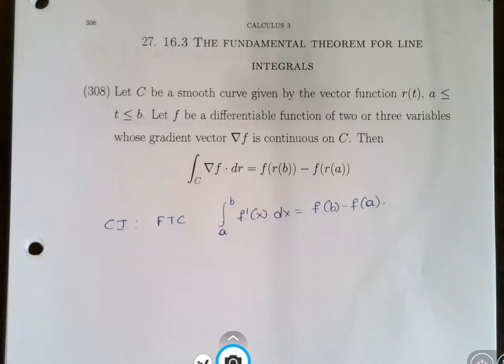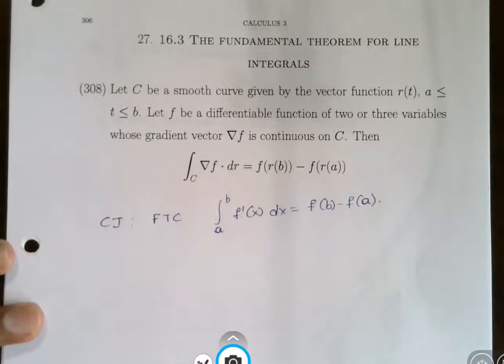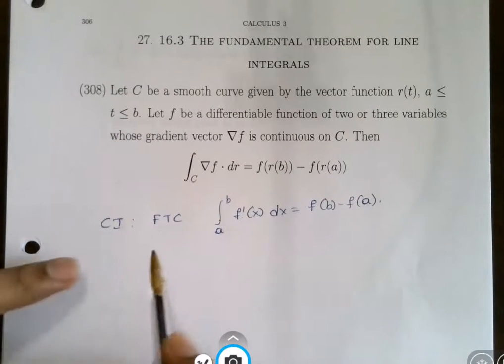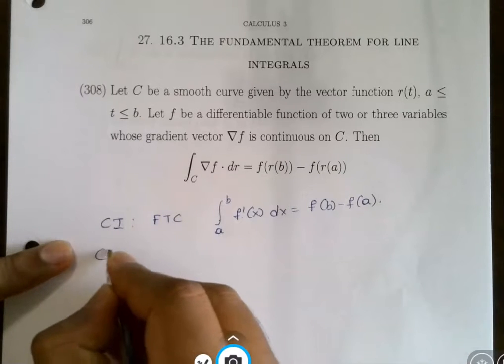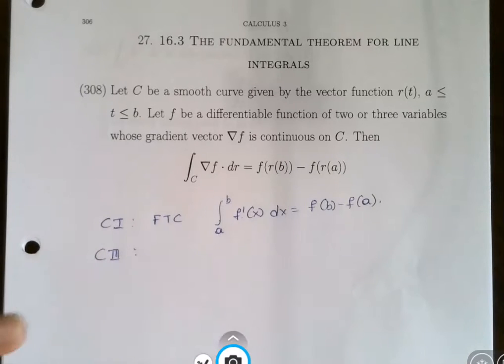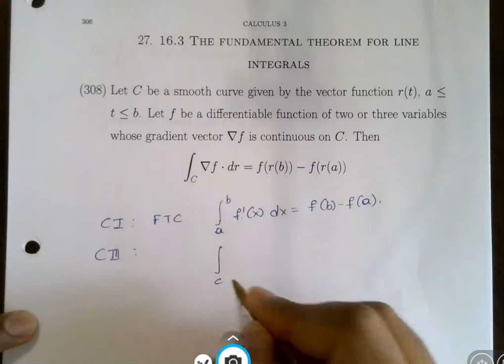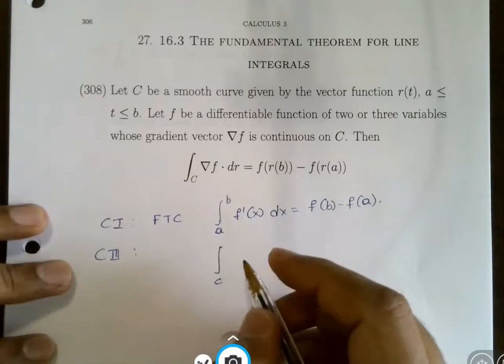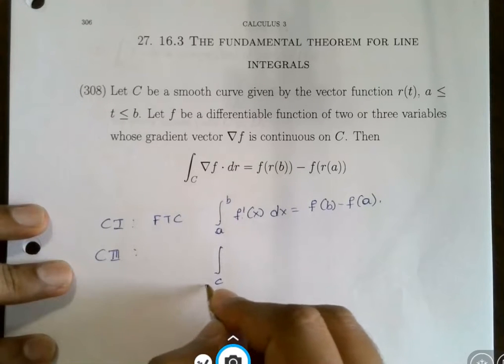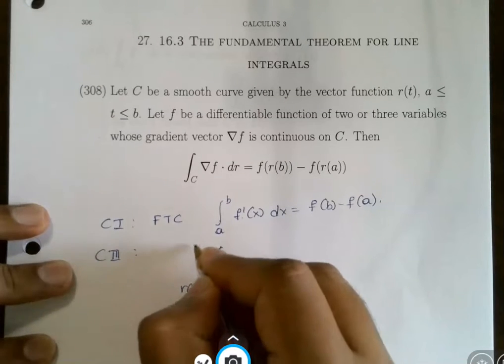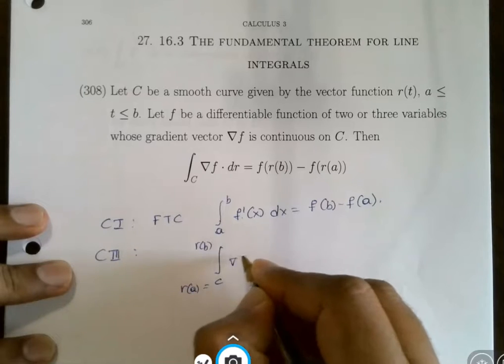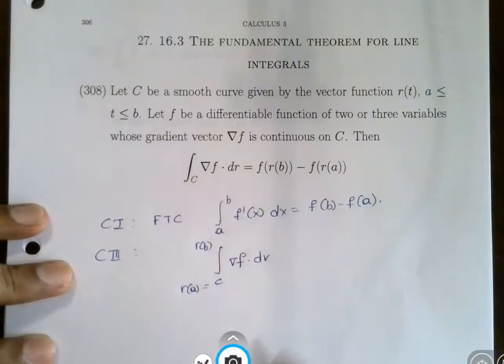So 16.3 is on the fundamental theorem for line integrals. In other words, it is very parallel to the Calculus 1 fundamental theorem. In Calculus 3, remember you did not have any fundamental theorem in Calc 2. In functions of multivariables, what they are saying is if you have an integral over the entire curve C, that means here it starts from r(a) to r(b), then you have gradient f dr. That's a line integral.